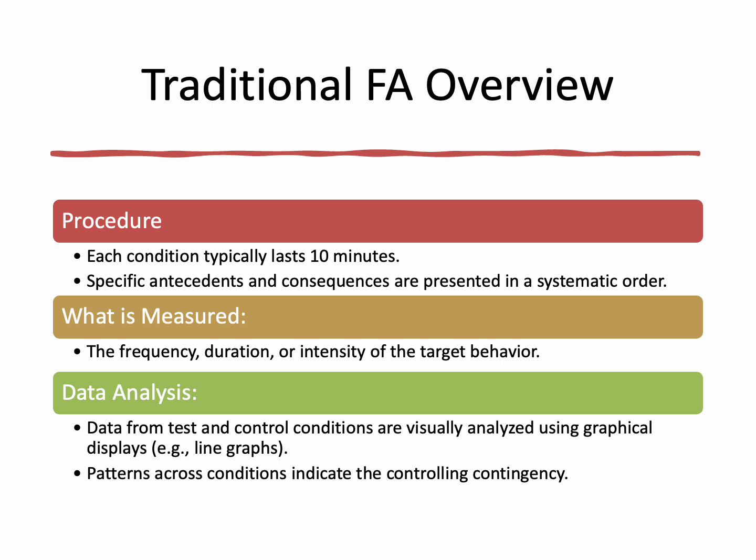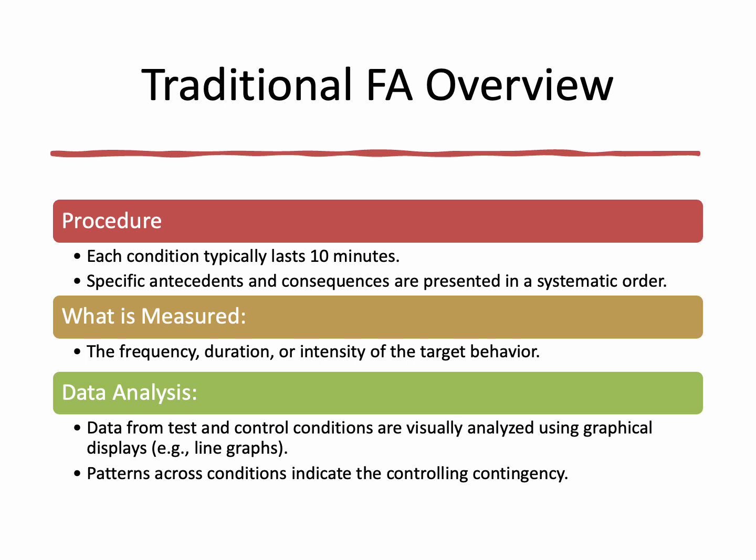So I'm going to do a little overview of the traditional functional analysis. So as I mentioned, each condition typically lasts for 10 minutes. And what we're doing is we are exposing the individuals to a specific antecedent in the hopes to be able to evoke a problem behavior if that's the antecedent that typically precedes problem behavior.